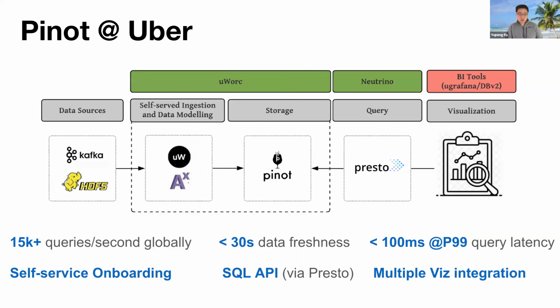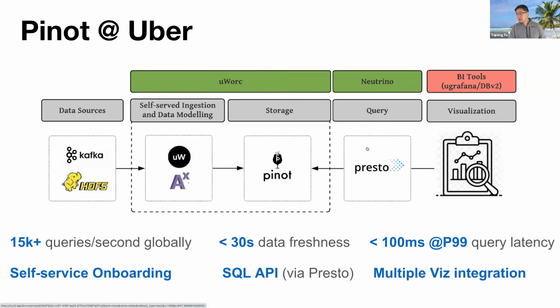Here's our overall architecture of the platform. You can see Pinot is the central storage engine and also serves the query part as well. On the left-hand side is ingestion. So Pinot can ingest data from both the real-time part and the offline data, which is on HDFS. And Pinot itself provides this inbuilt Lambda architecture so that it can stitch the real-time data and offline data nicely and present this holistic view to the end user, which is through this Presto layer.